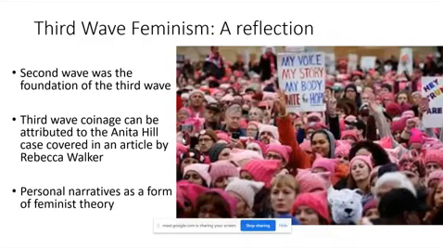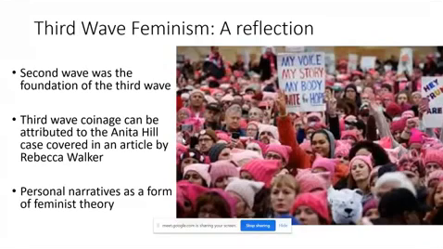But in response to this decision, Ms. Magazine published an article written by Rebecca Walker, who is a journalist. The article's title was Becoming the Third Wave, in which she stated, I am not a post-feminist feminist, I am the third wave. So that's how you get the coinage.